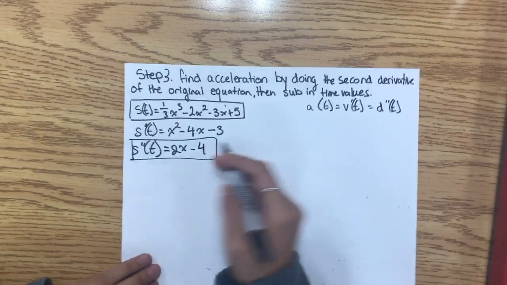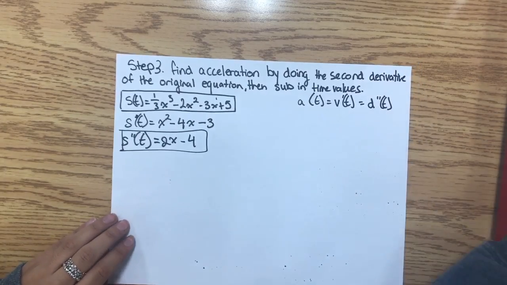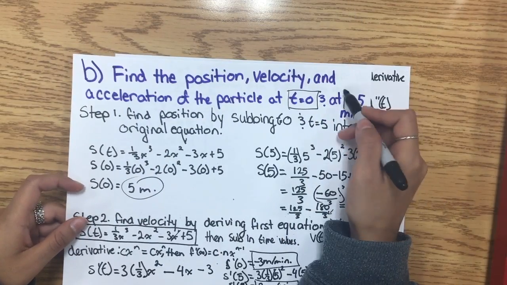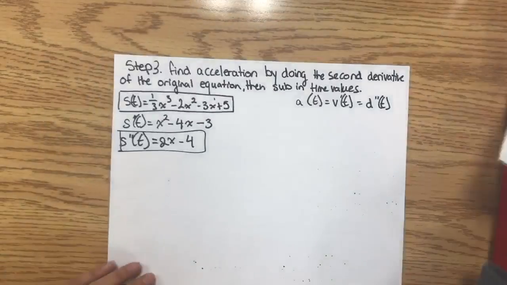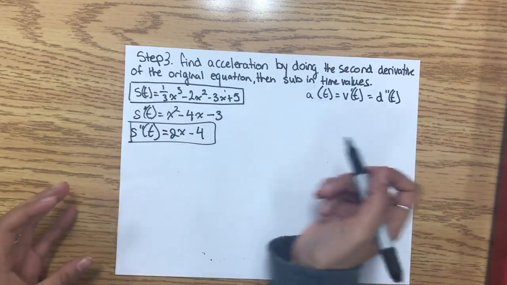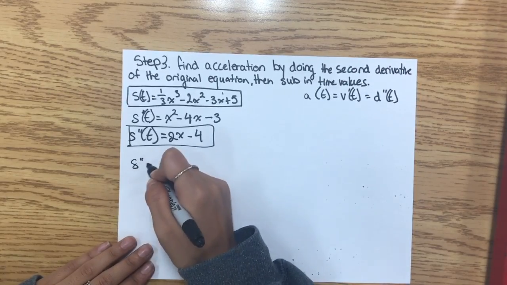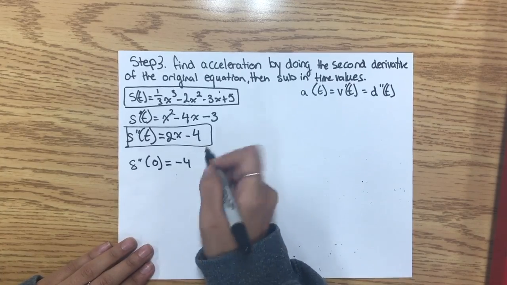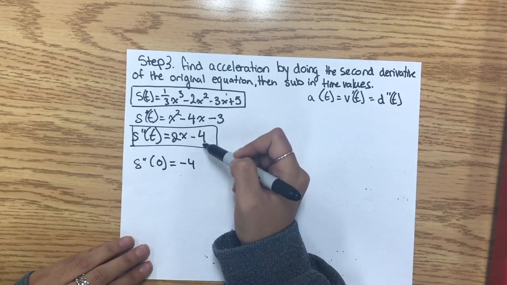Now to find the acceleration, we just sub in the points given for B, which is t equals 0 and t equals 5 minutes. So s double prime at 0 is equal to negative 4, because we know that anything times 0 is 0.